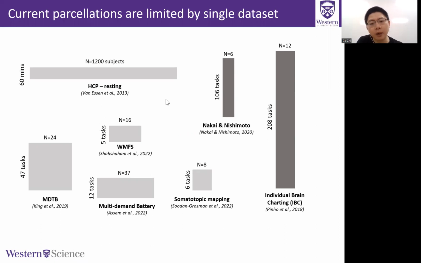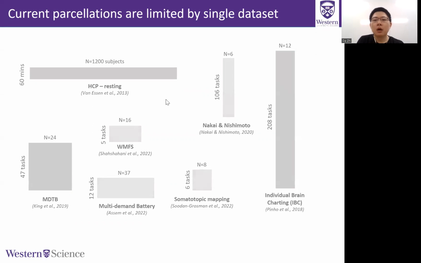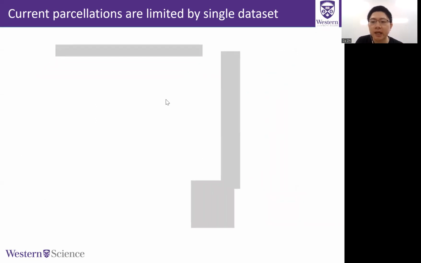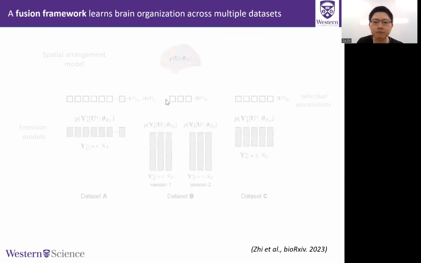You can also build brain parcellations based on this type. And there are other datasets that fall somewhere in between. So we wondered, can we take advantage of different datasets, fuse this information together into a single model, and build a brain parcellation from it? This is our initial motivation for this project.